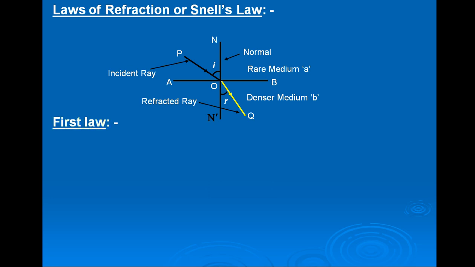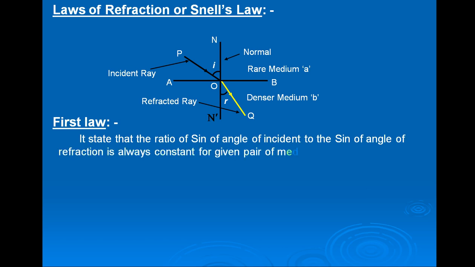Now the first law states that the ratio of the sine of angle of incidence I to the sine of angle of refraction R is always constant for a given pair of media and for light of a given color or given wavelength.